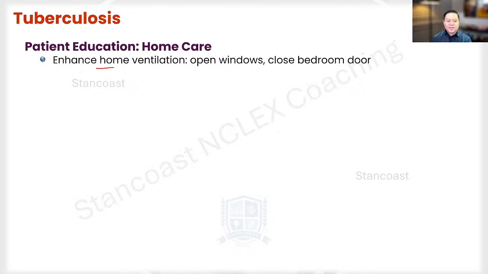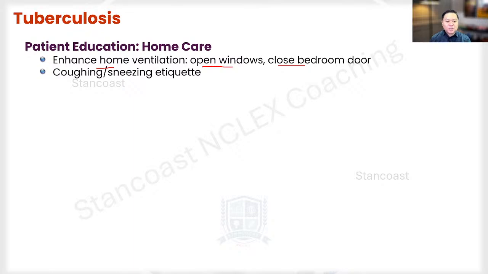So make sure that they open their windows at home, but they need to make sure that their bedroom door is closed at all times, especially if they live with another family member. This should be okay. They should not be closing the door if they're living by themselves, right? But if they live with a huge family with kids around, then it's very important that they observe this in order to prevent the spread of the infection to the other family members.